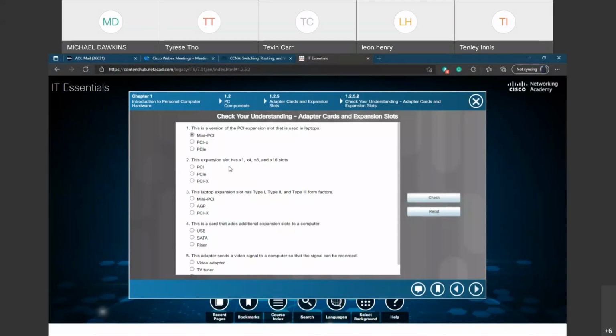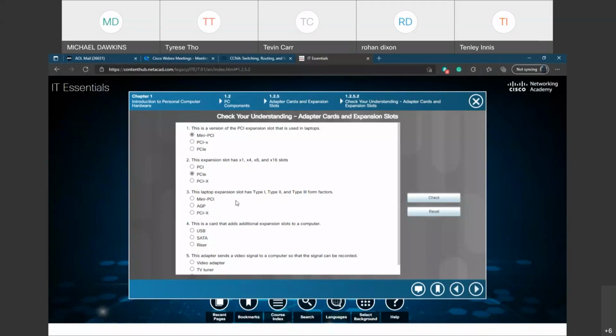This expansion slot has x1, x4, x8, and x16 slots. The x means multiply. Which one is that? I know you might not remember it, but you read ahead. PCIe. Okay.